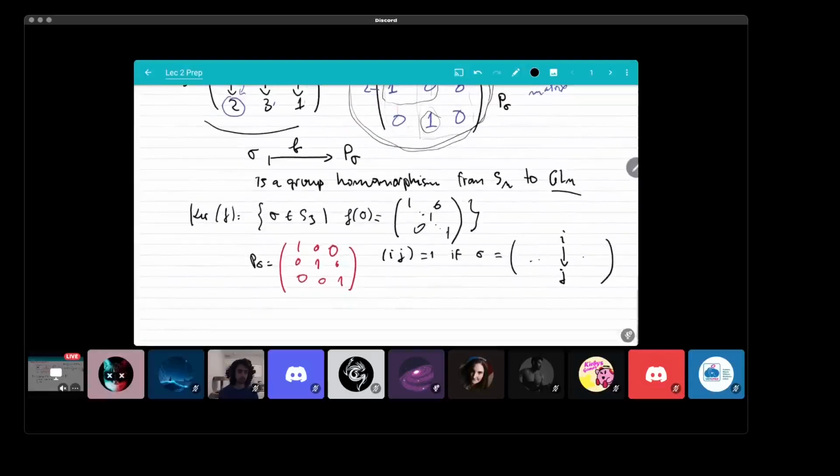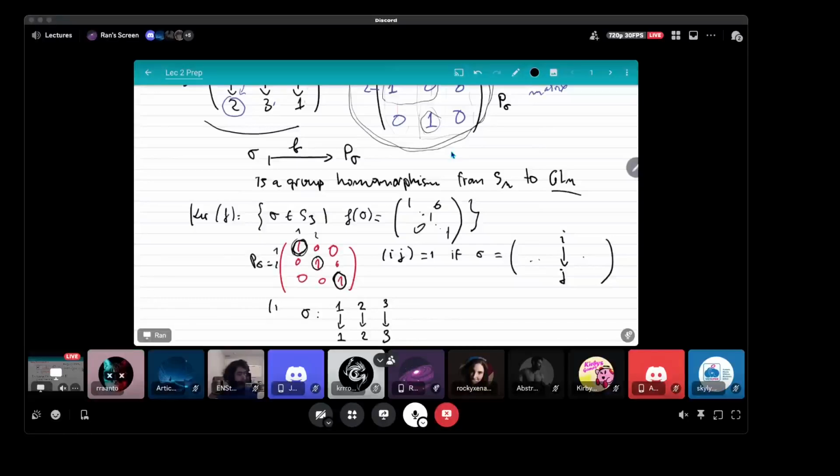So since this matrix coefficient is 1, this is coordinate 1 1, it means that in sigma 1 gets sent to 1. This being 1 means that 2 gets sent to 2, and this means 3 gets sent to 3.